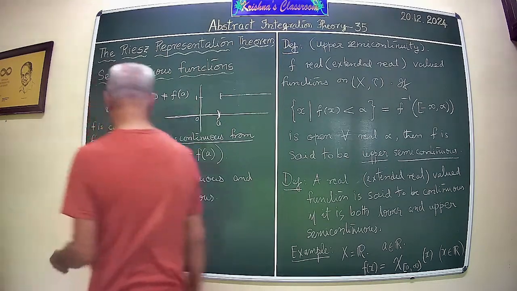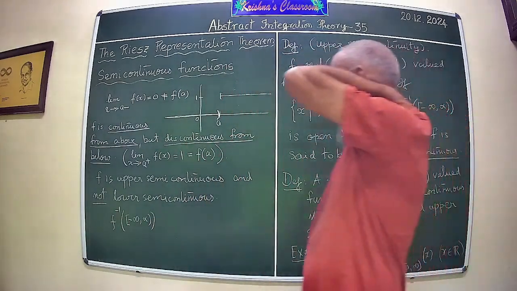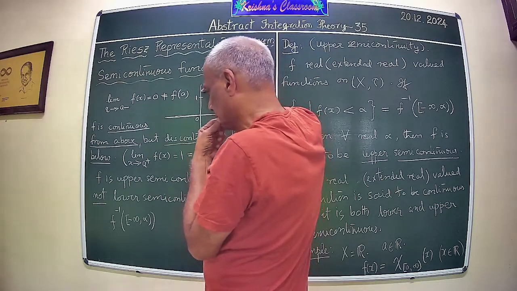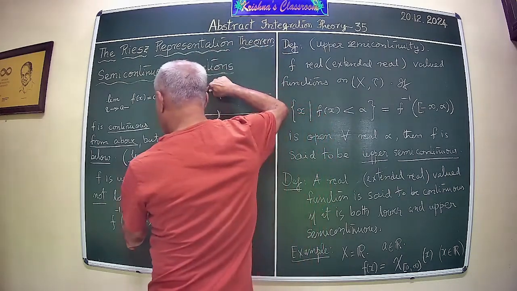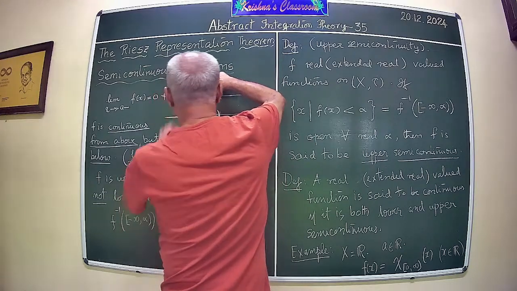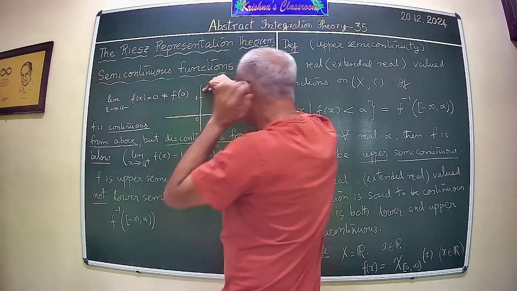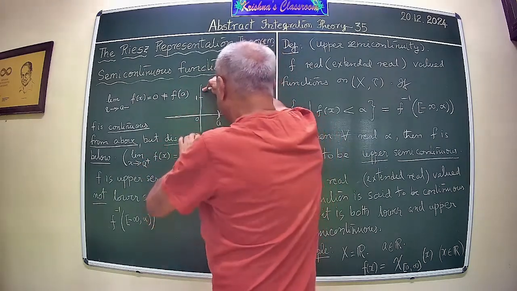Let us work on this. Now you see that if alpha is here, then f inverse of (minus infinity, alpha) would consist of the range, that is 1 and 0. So 1 and 0.